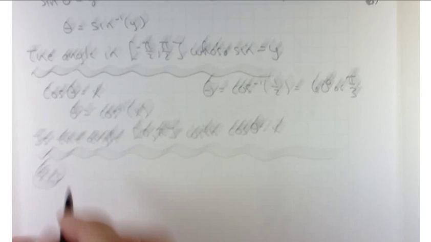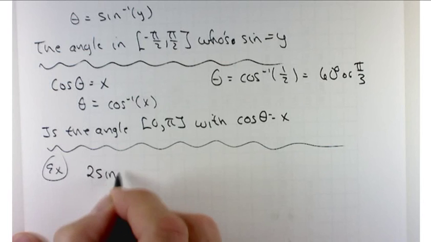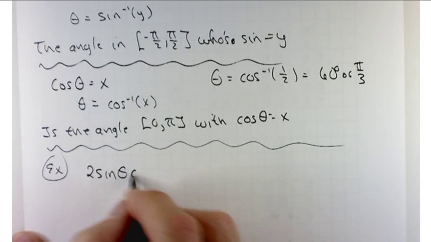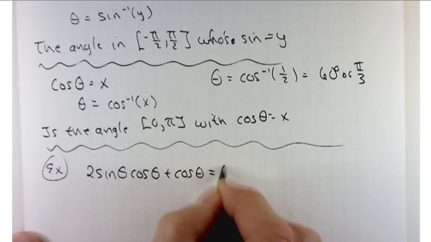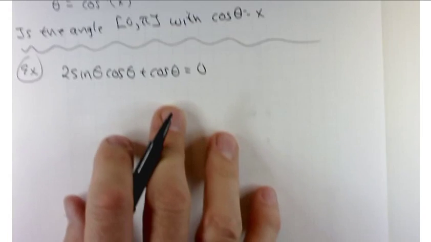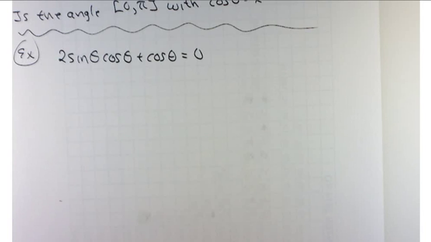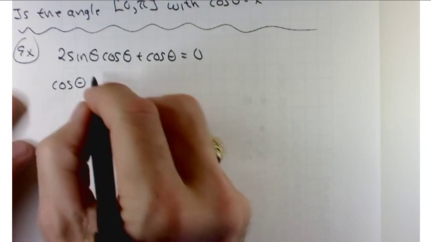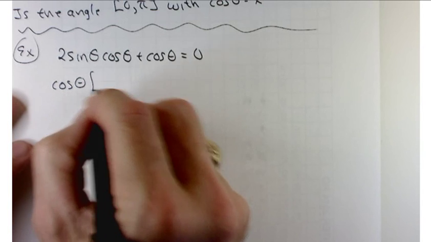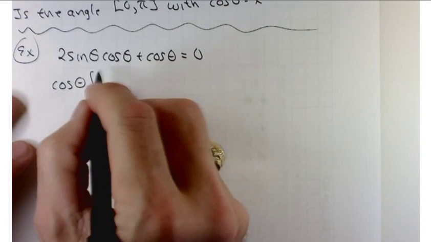Let's take a look at 2 sine of theta cosine of theta plus cosine of theta equals 0. Now this is kind of a friendly one to warm up with because we've got 0 on one side. What we'll do is borrow a trick from our algebra experience and do a little factoring and use the principle of zero products. I'll factor out the cosine.